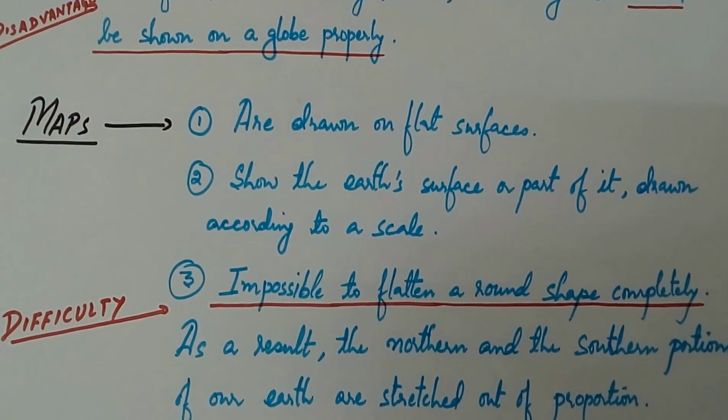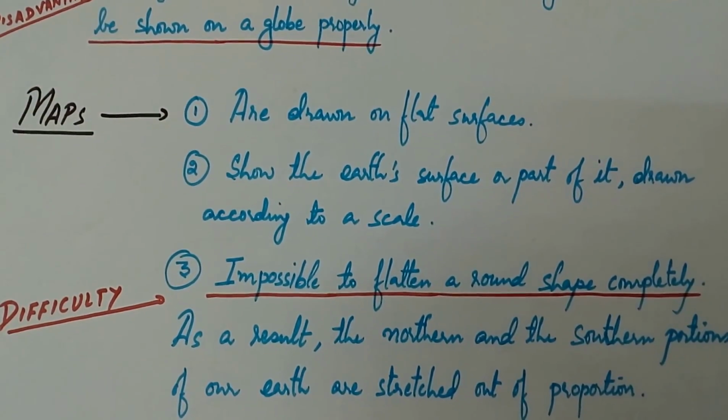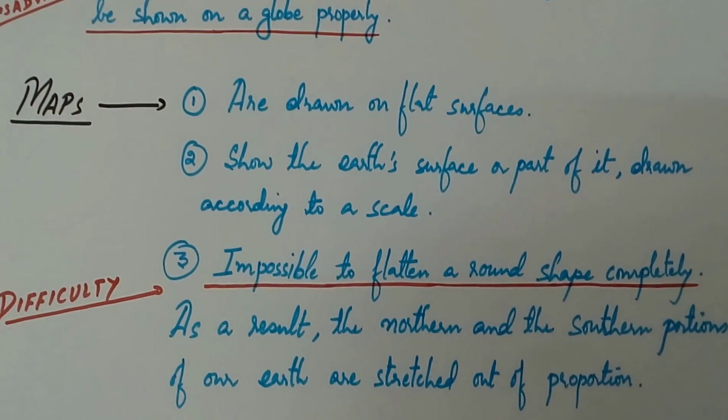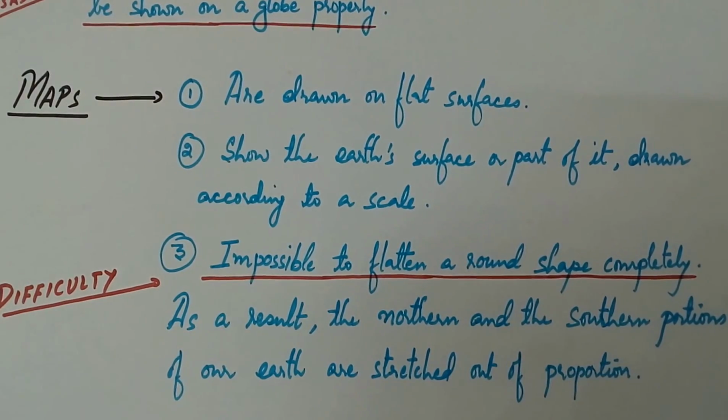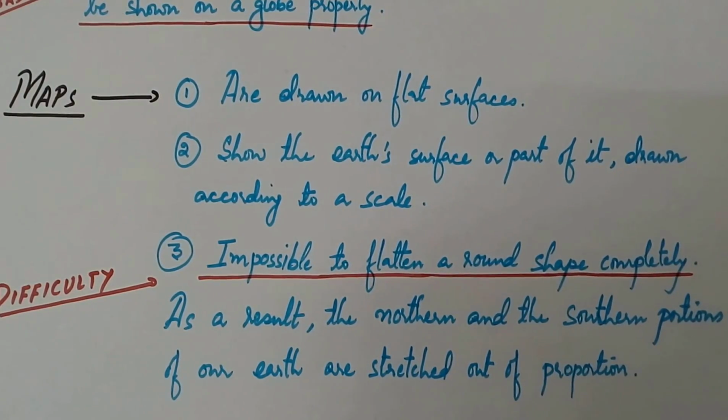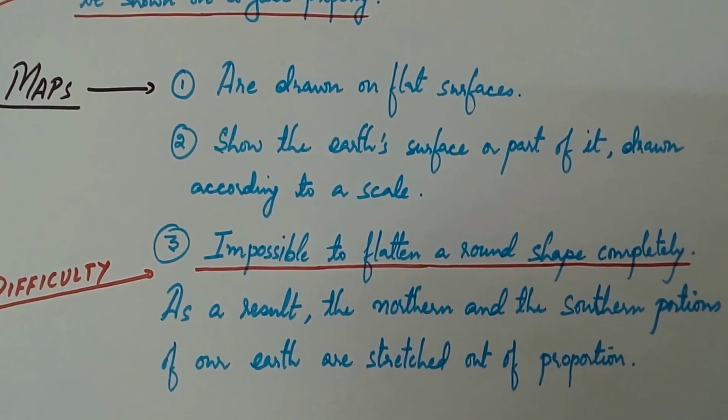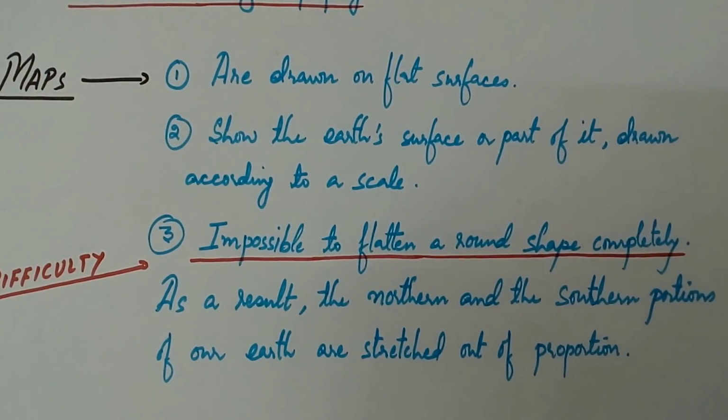Maps are drawn on a flat surface. Second, it shows the earth's surface or a part of it drawn according to the scale.